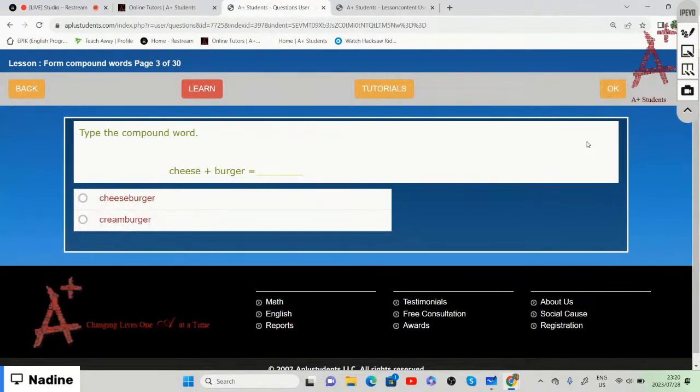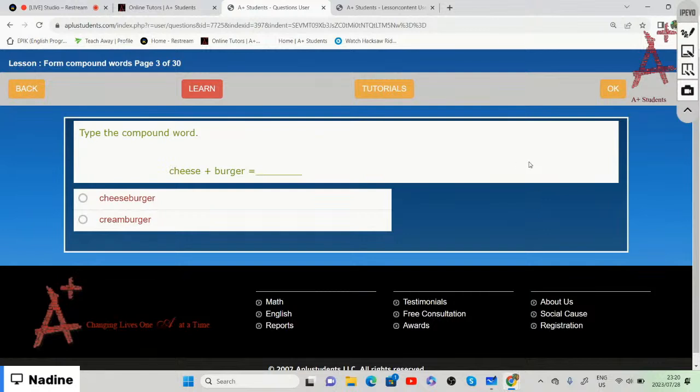Cheese plus burger. You have cheese and you have a burger. Is it cheeseburger or is it a cream burger?